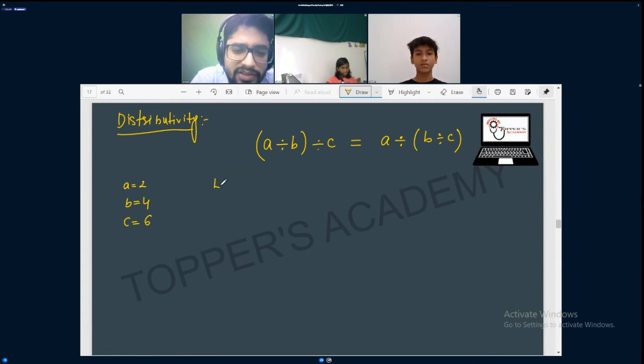If we take the LHS part, the left hand side says 2 divided by 4, then divided by 6. If you divide 2 by 4, what is this? 1 by 2.